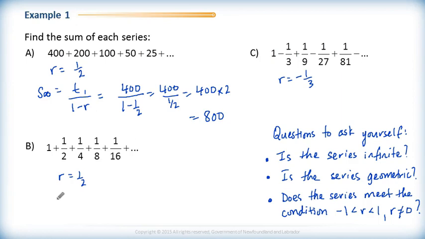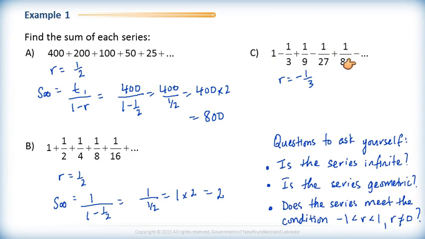For the next one, S sub infinity is equal to term 1, which is 1, all over 1 minus 1/2 again. So I've got 1 over 1/2, multiplying by the reciprocal of 1/2. I got 1 times 2 over 1, which is just going to give us 2.